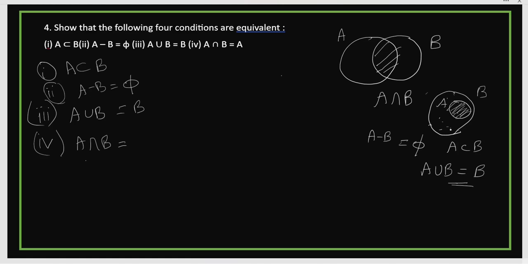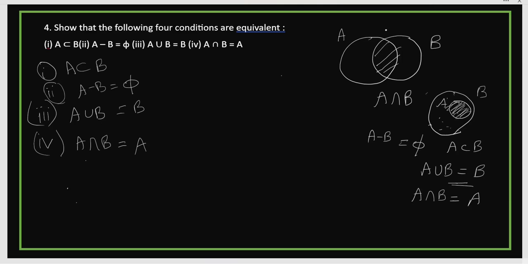Only A is common, so A intersection B is all the elements of A. A intersection B equals A itself. Right? That's it. This is not needed. I will draw it again in the next question.